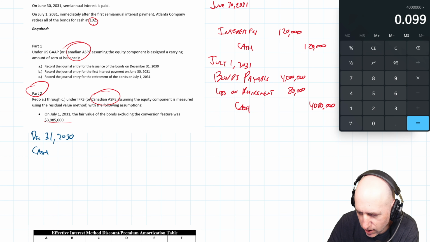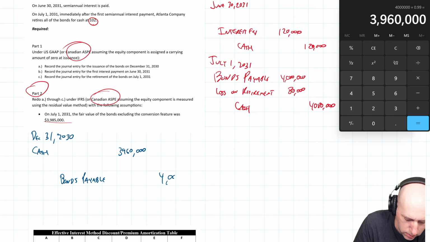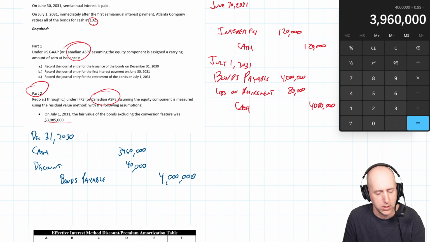I'm going to change this number in a second, but go with me for now. $3.96 million. So we're pretending we issued these bonds at 99. We're going to credit bonds payable, of course, for $4 million. And then the balance goes to the discount, right? If we issued them at 99, there's a $40,000 discount on bonds.